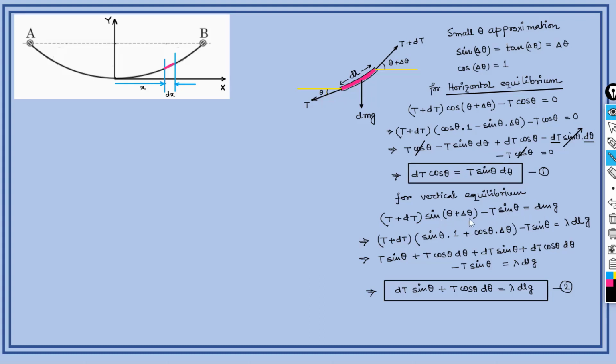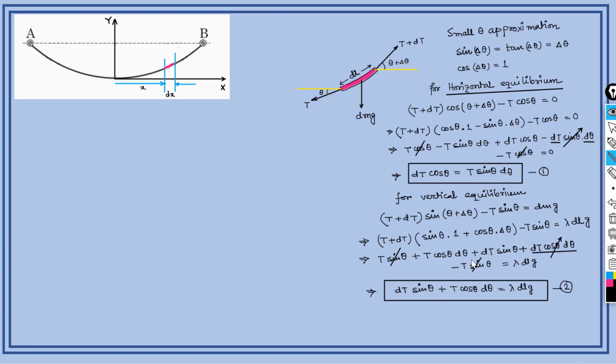Now again, if I expand this sine of theta plus delta theta term, you can see it is sine A cos B plus cos A sine B, and I have used the approximation just like the last calculation. If I multiply these terms, I get this entire result, and again I can neglect the dT and d theta term because of these small elements, and T sin theta gets cancelled out.